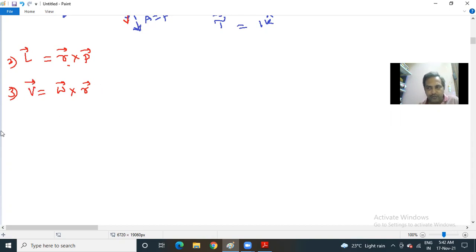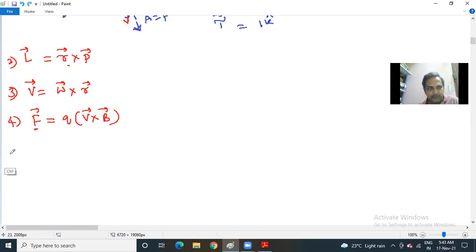Then if you go to the 12th class part, the force acting on a moving charge in a magnetic field is q v cross B. Suppose the charge is moving maybe in a direction perpendicular to the field with some velocity, and in which direction does the force act?